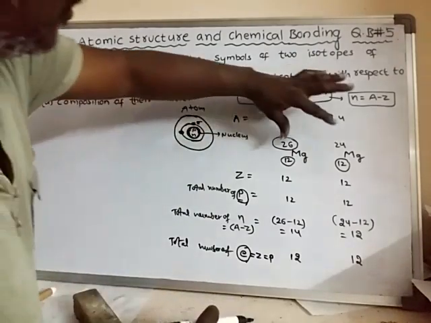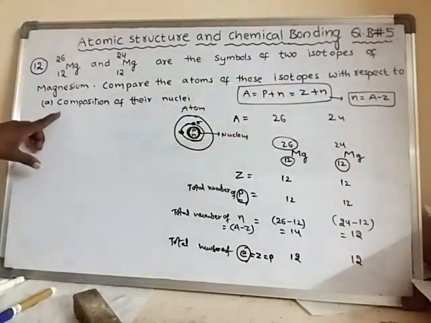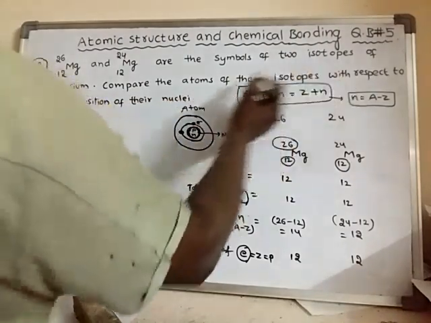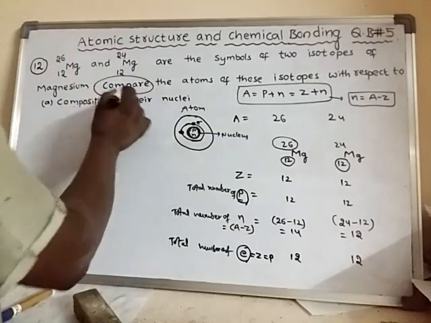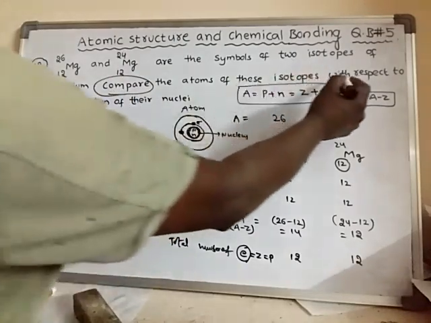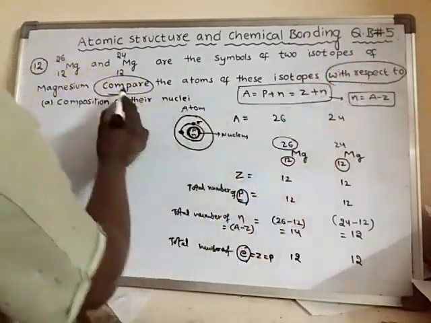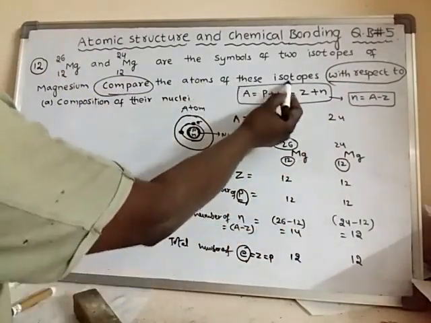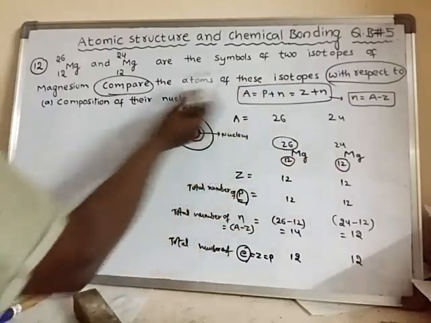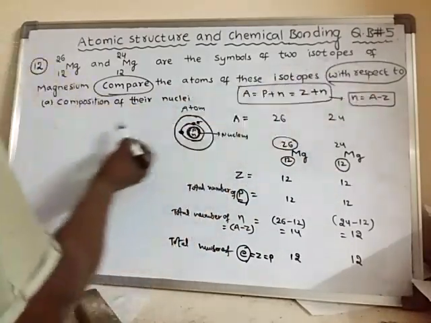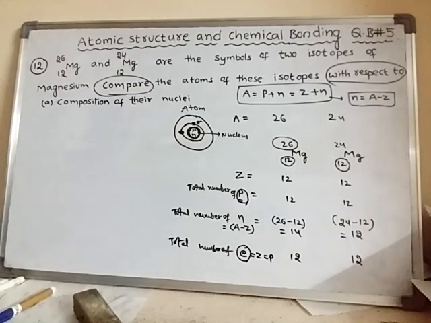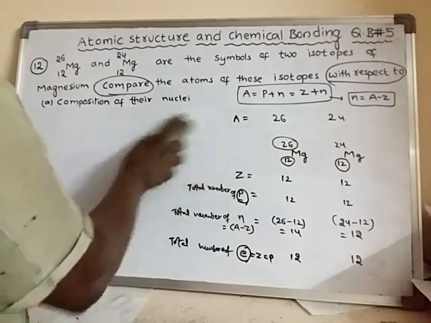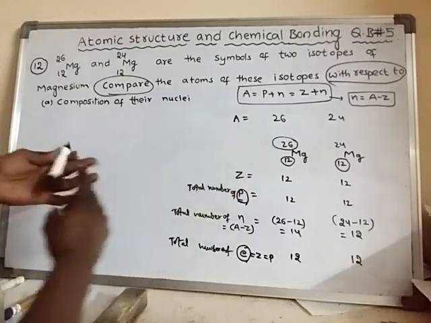Now, if you compare these two atoms, what is the question? The composition of the nuclei. So we have to compare these two isotopes with respect to the composition of their nuclei. Suppose I take this atom.